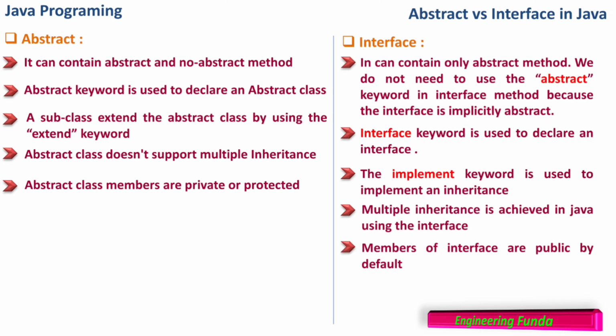You don't have the body of the method, and hence you cannot do anything with that method name. The class which is implementing the interface is writing the body. Hence all the members of the interface are public. All the member variables declared inside the interface and all the methods are public by default. I hope this is clear, my dear friends.